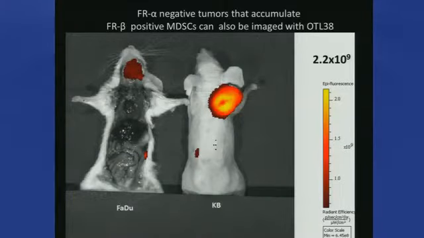And so we decided to look at a tumor in an animal model. We haven't conducted these studies in humans yet, that we know is totally folate receptor negative, and this is a head and neck cancer. And this is a folate receptor positive tumor, but even though the cancer cells do not express the folate receptor, the infiltrating tumor-associated macrophages do express it.